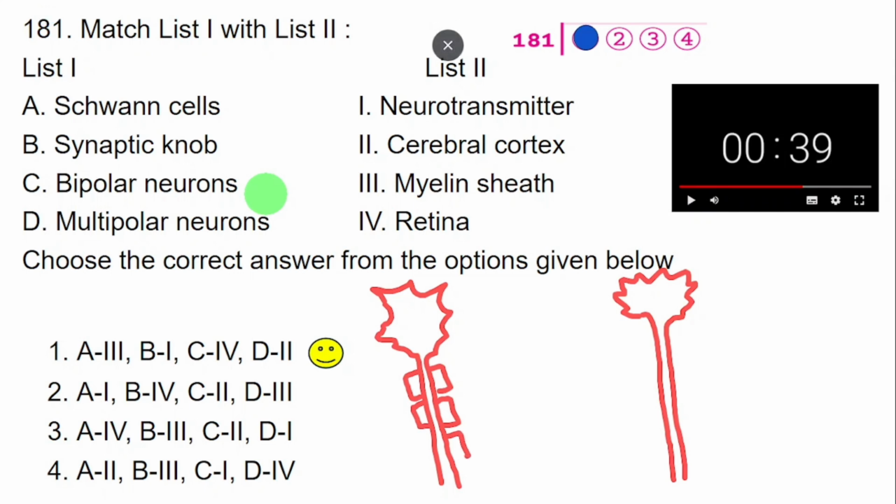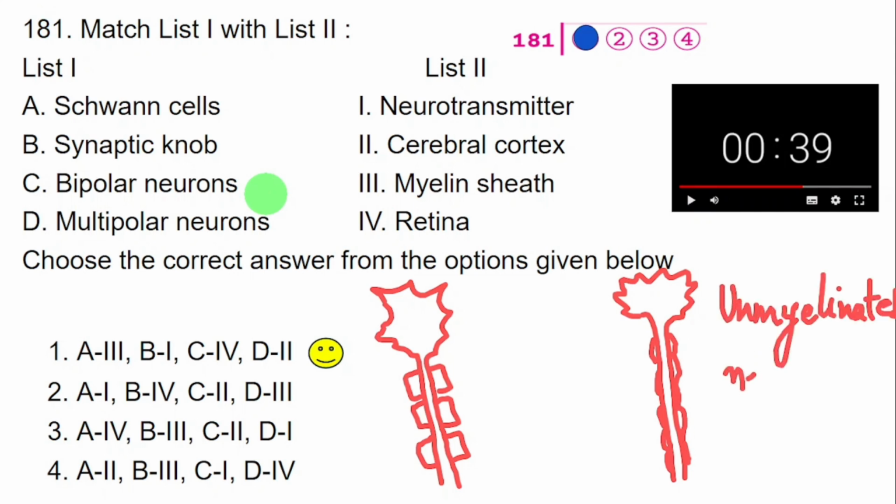So this myelin sheath will act like an insulator. This thick, brick-like thing is the myelin coat. In this case, you will have only thin Schwann cells, without the myelin sheath. So this is unmyelinated neurons, and this is myelinated. Only Schwann cells are present here, and here Schwann cells with myelin coat are present.